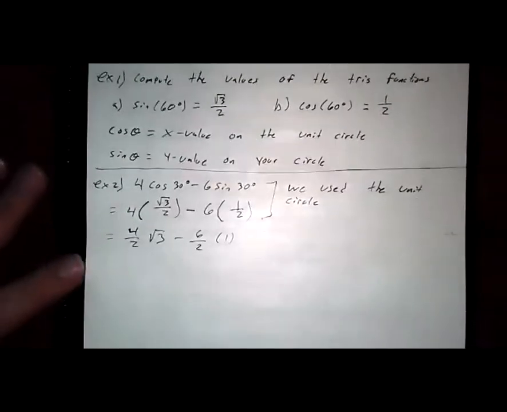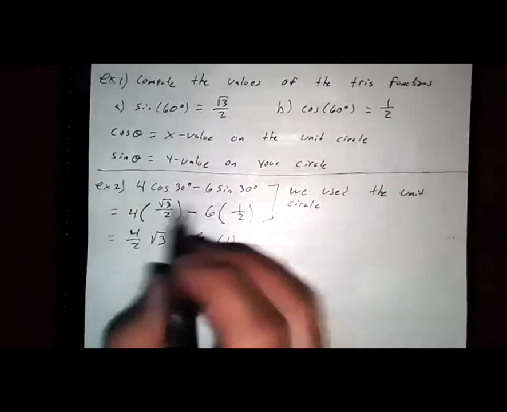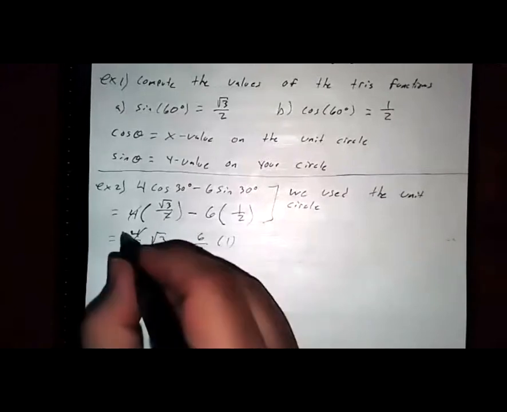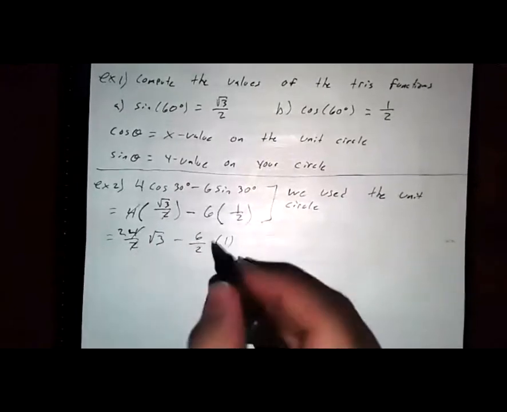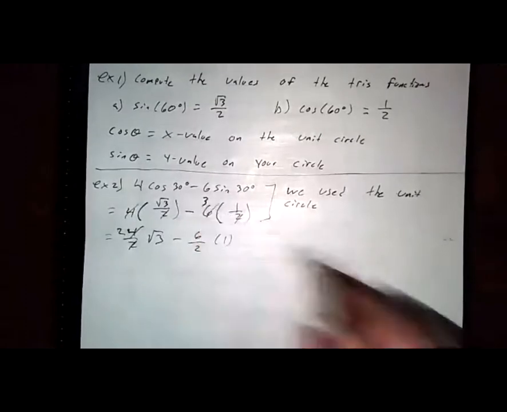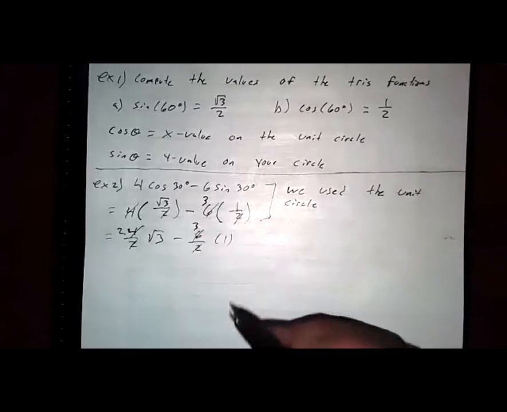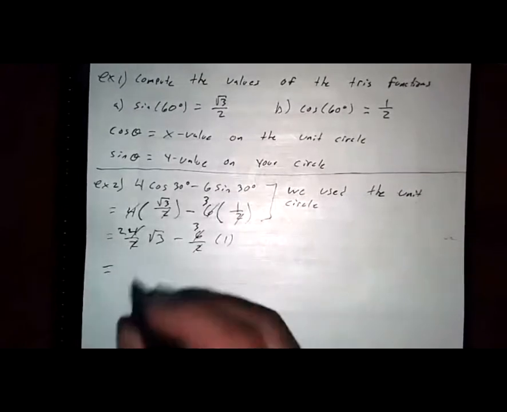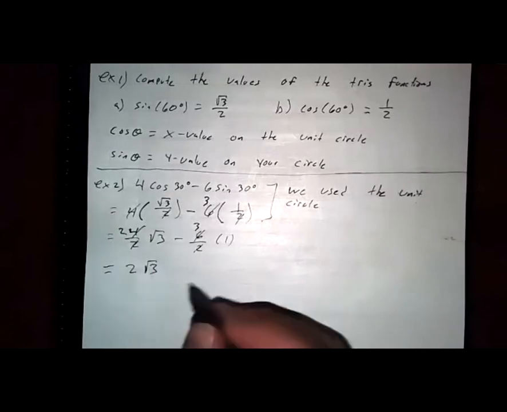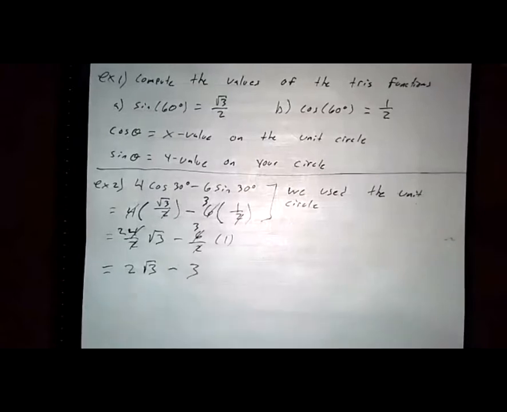Is that weird? Because you can reduce the fraction by canceling these, which will leave you with a 2. Cancel these fractions, leaving you with a 3. All right, so that would be 2 root 3 minus 3.